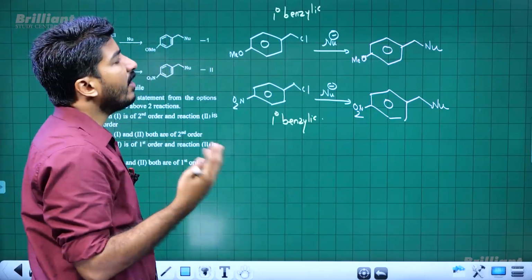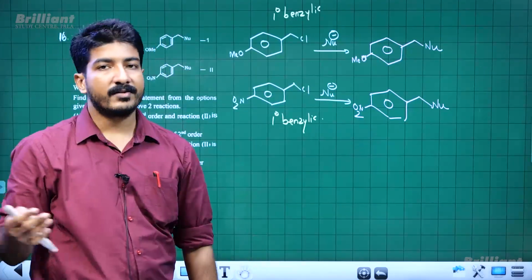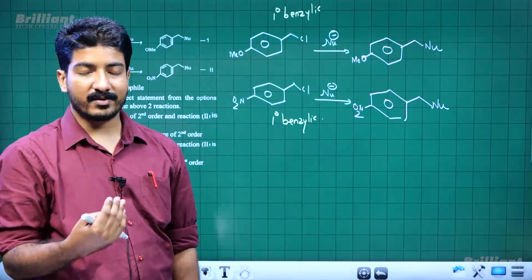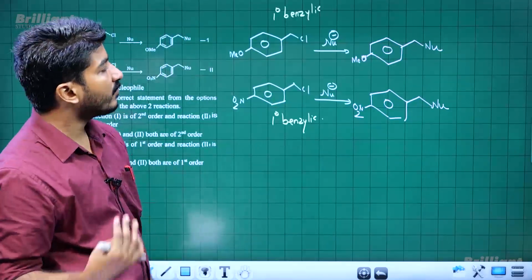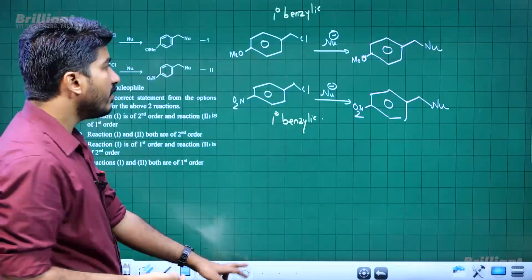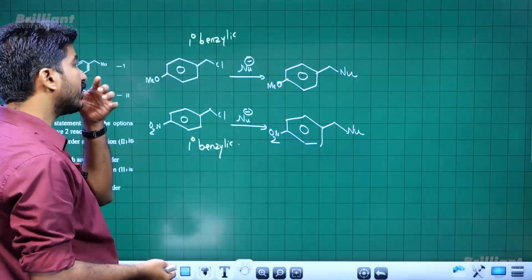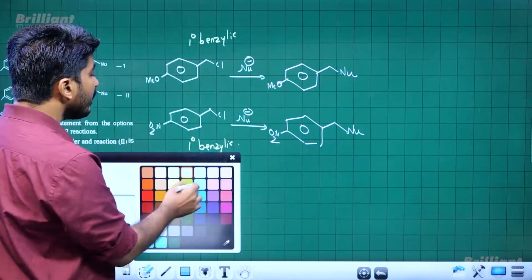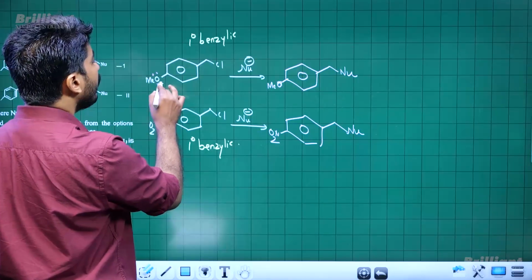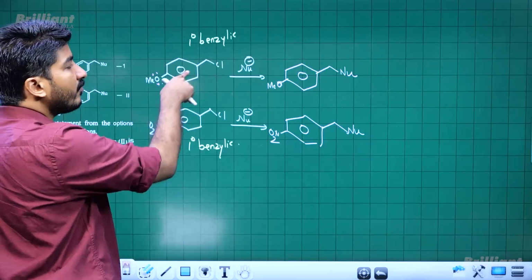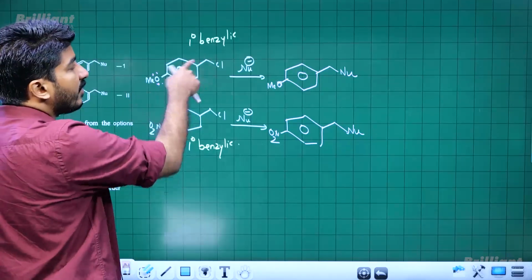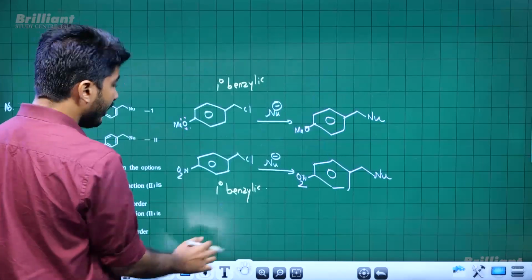A benzylic halide has a tendency to do both reactions, right? It can show SN2 reaction, and it can show SN1 reaction as well. And here, what is the mechanism in either case? That is the question. In the first case, the carbocation generated will be very stable.